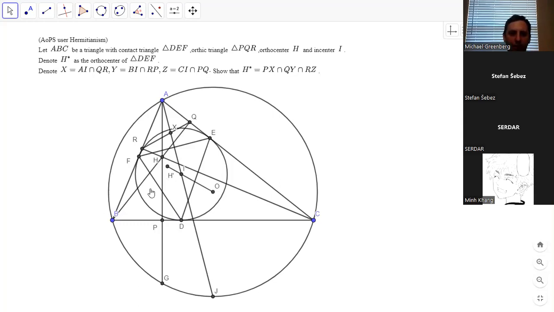And then the centers of those circles don't map to each other, but they still lie on a line. Okay. And so I, O and the nine-point center of DEF are collinear. And since I is the circumcenter of DEF, then all sorts of things are collinear. Okay, that makes sense.